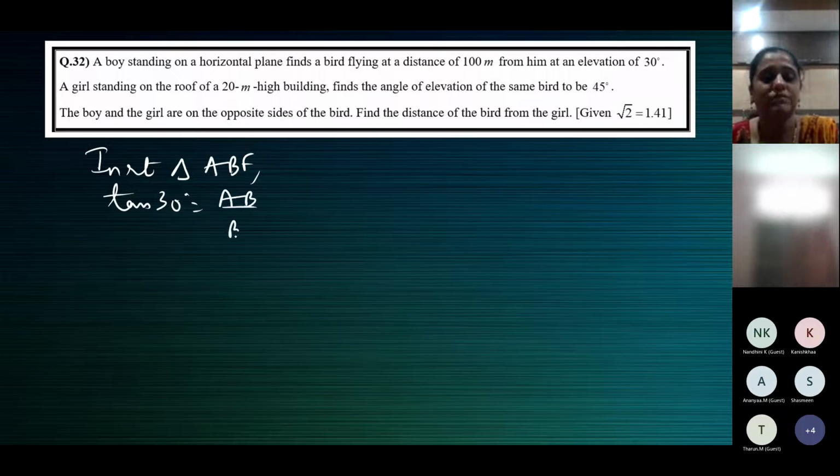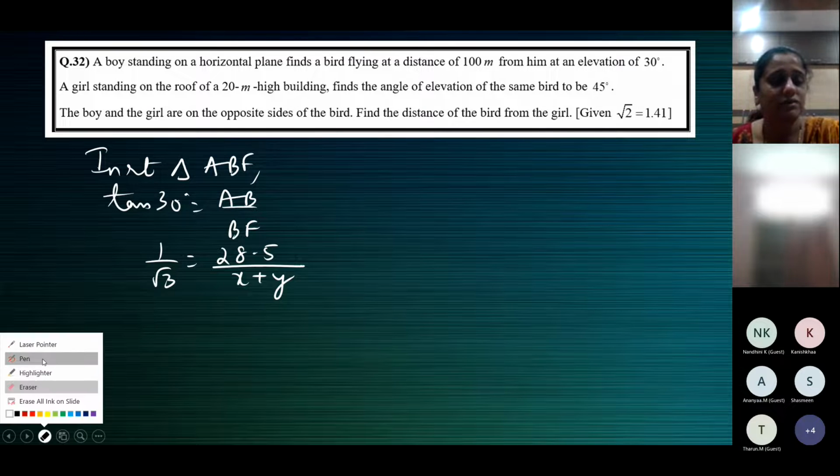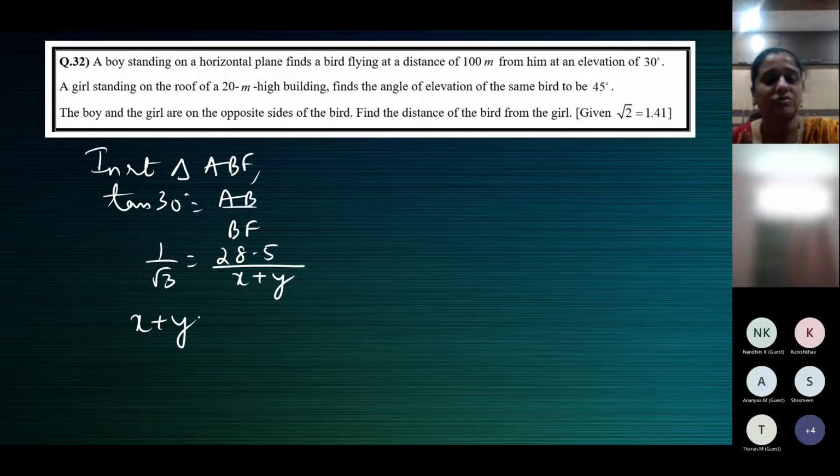Tan 30 is 1 by √3, AB is 28.5, BF is X plus Y. So on cross multiplying, X plus Y is equal to 28.5 √3.